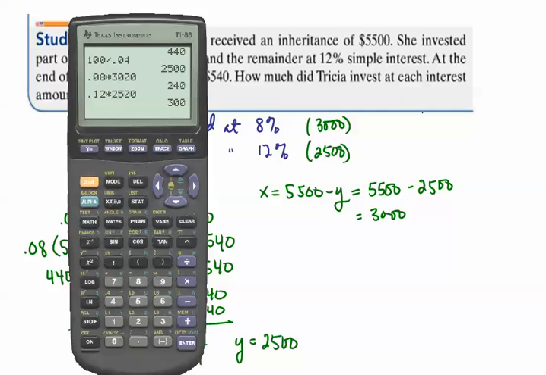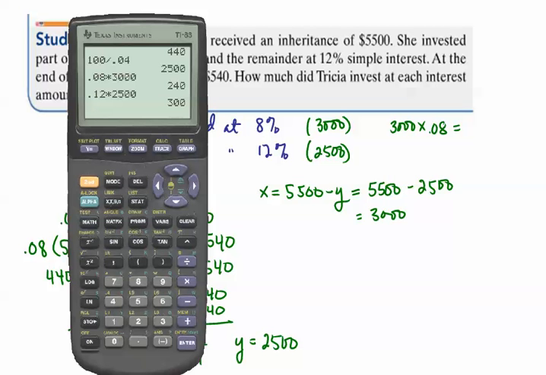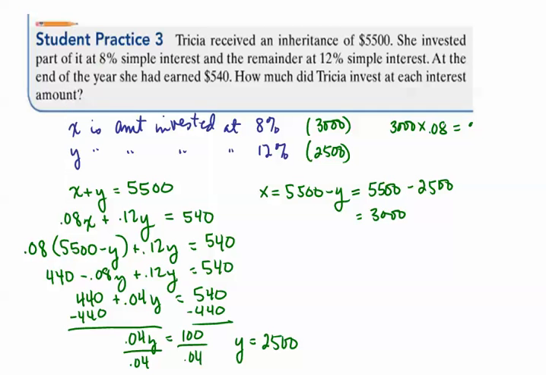So 3,000 times 0.08 is 240, and 2,500 times 0.12 is equal to 300. And now that checks, I have a total interest of 540 with 5,500 total invested.